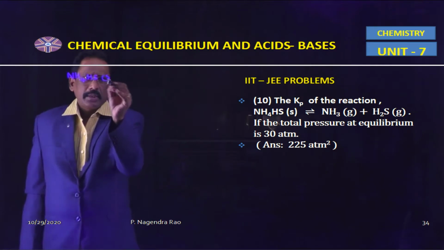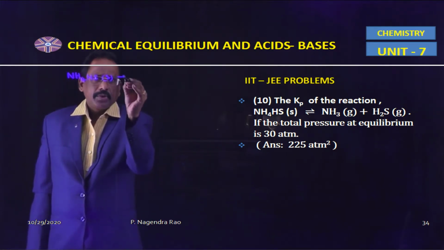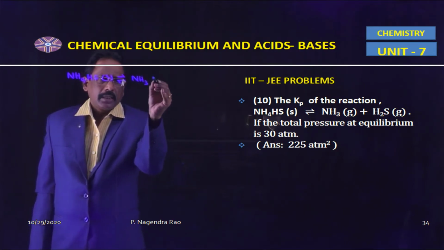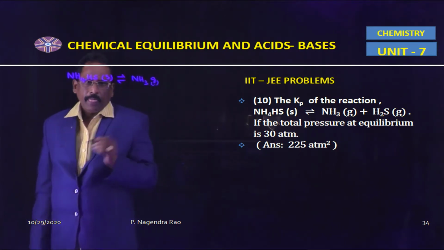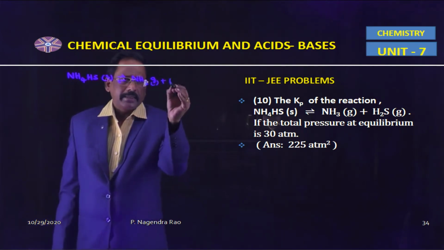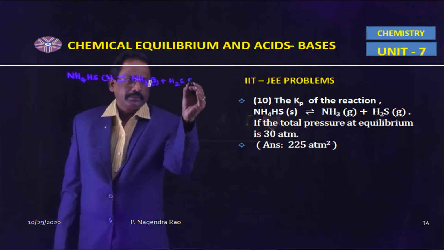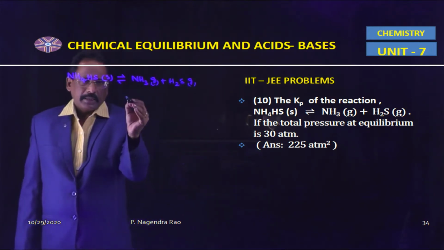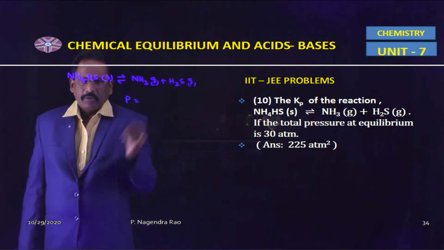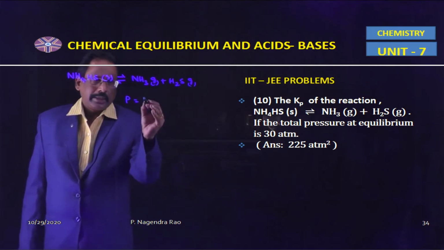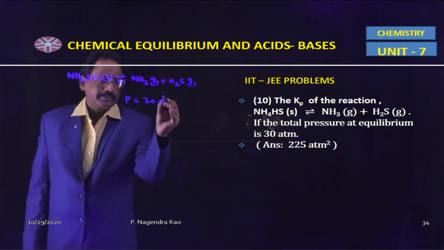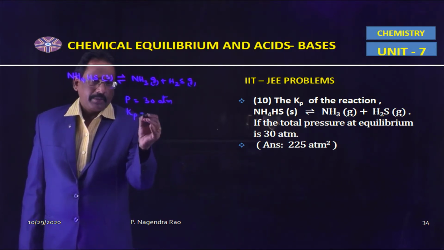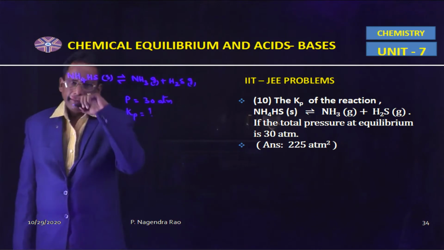This salt decomposes into ammonia gas and H2S gas. And the total pressure is equal to 30 atmospheres. Calculate Kp for this dynamic equilibrium.